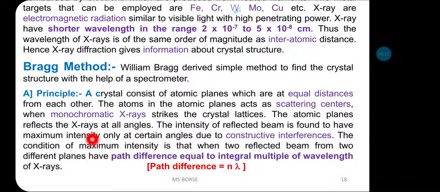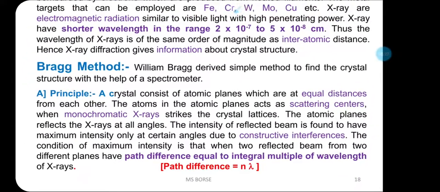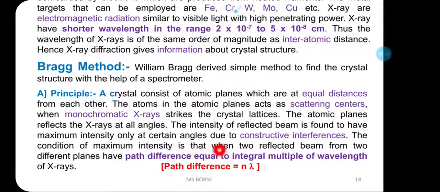The condition of maximum intensity is that when the reflected beams from two different planes have a path difference equal to an integral multiple of the wavelength, that can be represented in mathematical form. Path difference is equal to n lambda, where n is an integral number 1, 2, 3, and lambda is the wavelength.